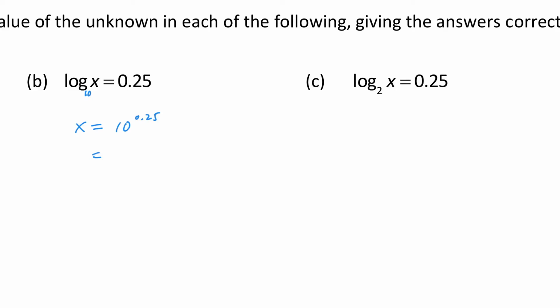Part C, also, what's the relationship between these three terms? Log x with base 2 is equal to 0.25. That means 2 to the power 0.25 is equal to x. This is the relationship between these three terms, or the meaning of a logarithmic function.